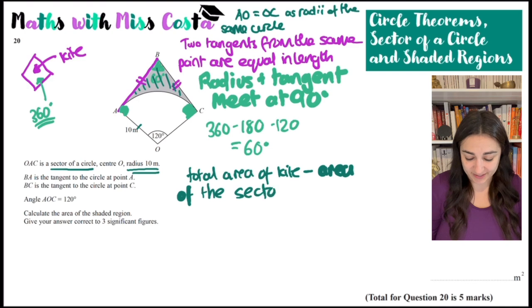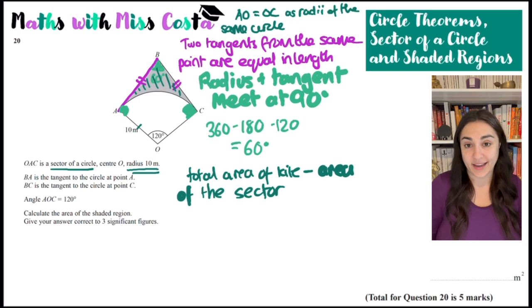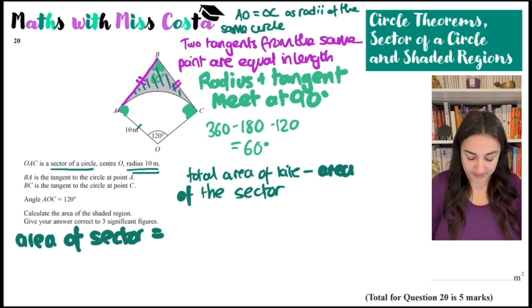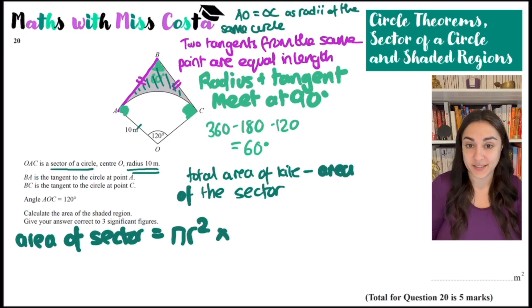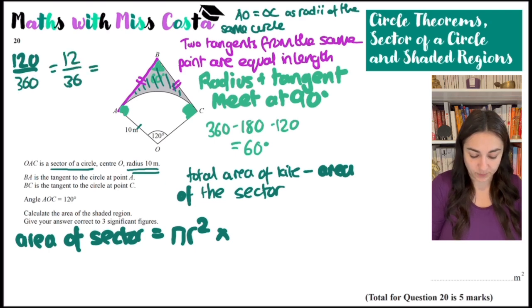So the next thing I could do, just so that I have this to work with later on, is work out the area of the sector of the circle. How do you work out the area of a sector? Well, you imagine it's a full circle. So if it was a full circle, you would have done pi r squared, but it's a fraction of a circle. In this case, it's 120 over 360, which would simplify to 12 over 36, which would eventually simplify down to a third.